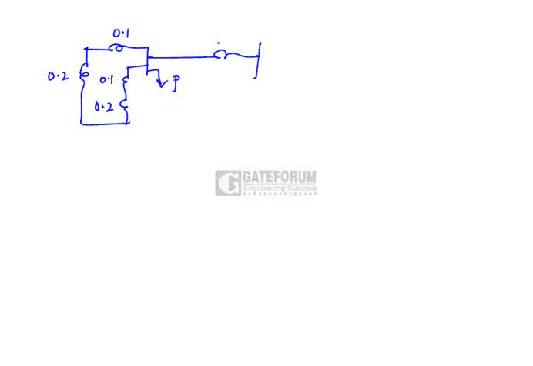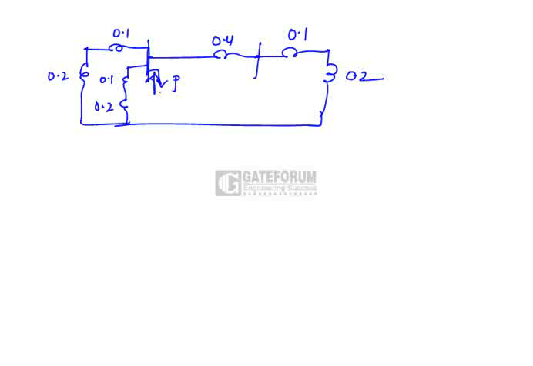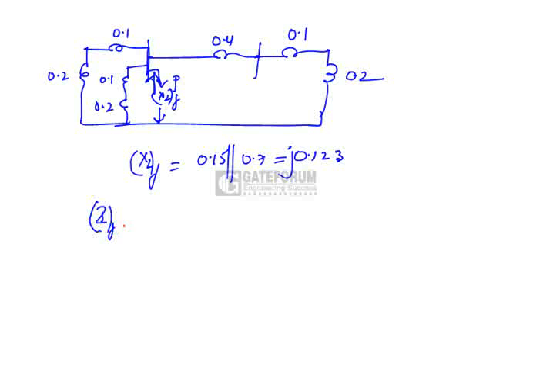We have transmission line in between these two buses. Negative sequence value given as 0.4, transformer 3 negative sequence value is 0.1 and generator 3 negative sequence value given as 0.2. Now what is negative sequence reactance up to the fault point? So here X2F is given as 0.15 in parallel to 0.7. So this is 0.123.